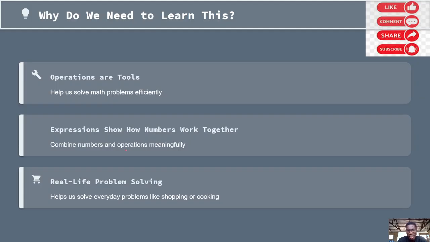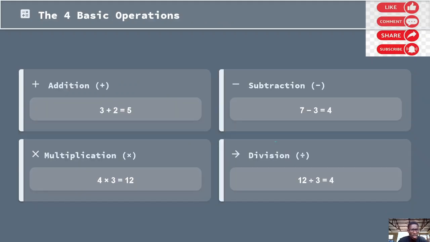So try to think of expressions and operations as a tool that helps you solve problems every blessed day. And the better you understand these basics, the easier all other math topics will become. So let's continue to look at the 4 basic operations that we have.